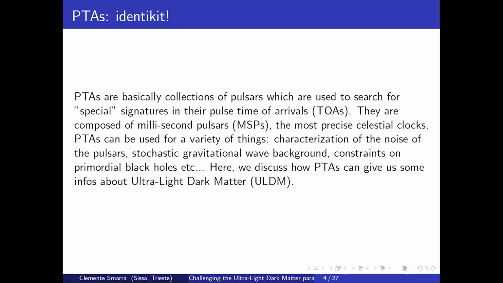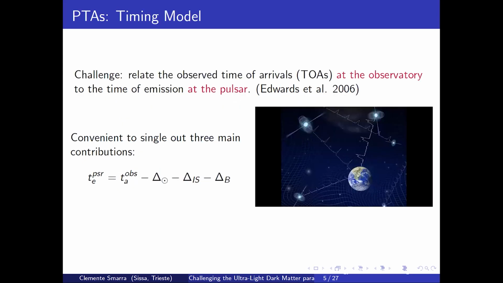So by looking at these periods and at the variation of these periods in time, you can do a lot of things. First of all, you can characterize the noise of the pulsars, because we need to understand what pulsars do in order to claim something about dark matter or the stochastic gravitational wave background. But then you can test the stochastic gravitational wave background. You can put constraints on primordial black holes and on models of inflation. But here I will discuss how PTAs can give us some information about ultralight dark matter.